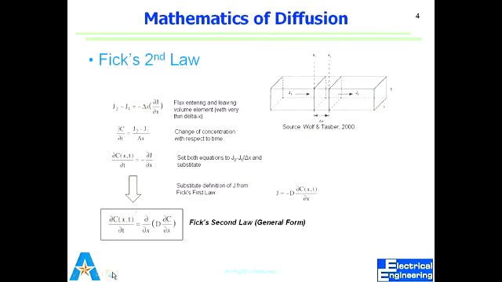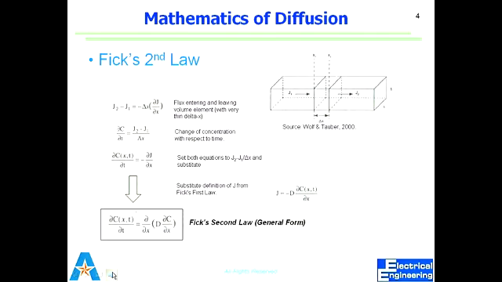The second law defines it now in terms of two dimensions, where x1 is the first cross section, and x2 is the second cross section.